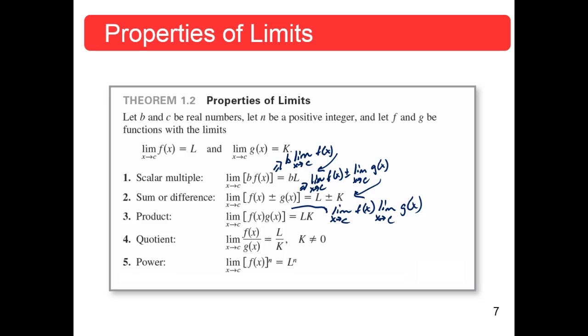In other words, the limit as x approaches c of f of x raised to the nth power. So you can either take the limit of the function or take the power of the limit of the function, L to the n. Now with those in your tool belt, you can do lots and lots of good things with limits.